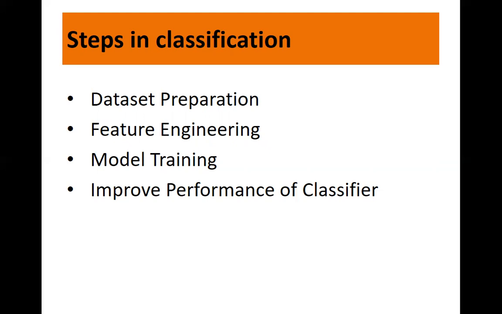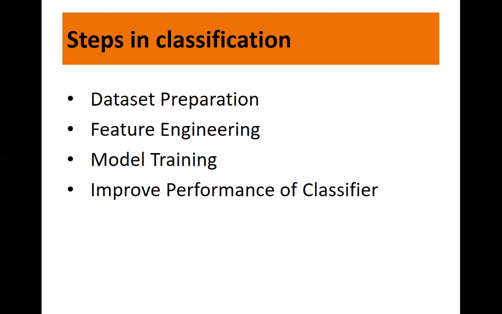The next step is model building, in which a machine learning model is trained on a labeled data set, because it's a supervised machine learning algorithm. We already have a labeled data set using which we'll train our model. And the last thing is improving the performance of the classifier, where we usually fine tune the parameters so that we get accurate results.